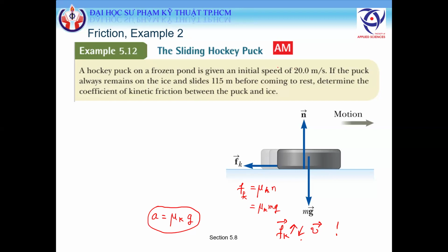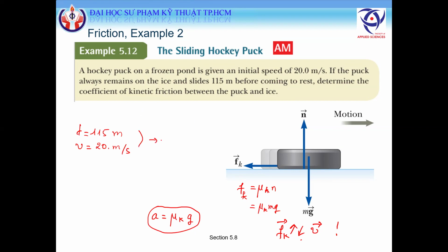And then you can apply the equation of the motion here. What do we have? We have the distance d, 150 meters. The initial speed is 20 meters per second.